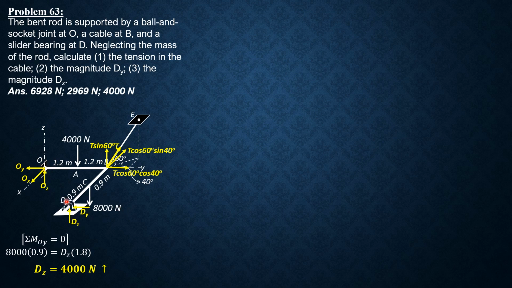So by right thumb rule, summation moment about OX equals 0. Then we have dz, or 4,000 times 2.4, plus T sine 60 times 2.4, equals 4,000 times 1.2 plus 8,000 times 2.4.